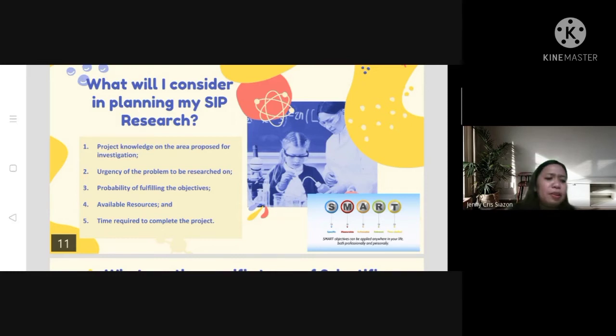For example, you're going to research on a dragon fruit, no? You're going to test its antimicrobial activity, antifungal activity kung meron man, no? So ngayon, nakita mo na hindi ito yung panahon or season na kung saan magbubunga ng marami ang dragon fruits, no?